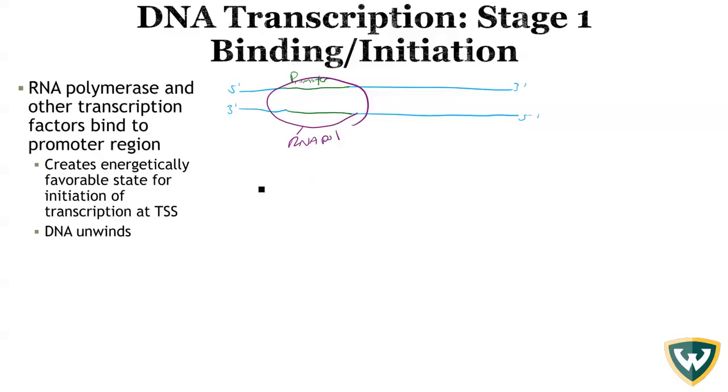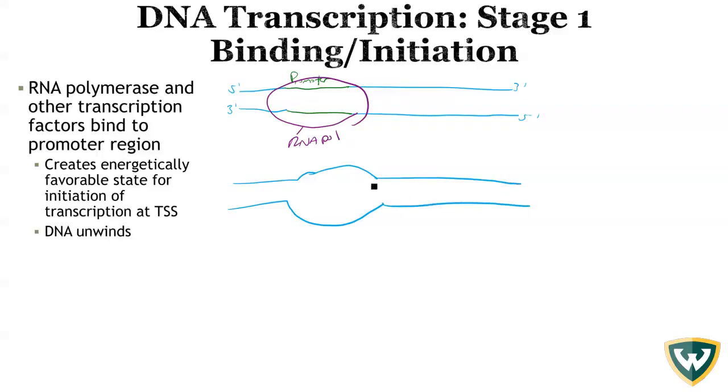And then, if we redraw this one more time, you have slightly bulged out DNA by various enzymes, including RNA polymerase, which mainly does this itself.